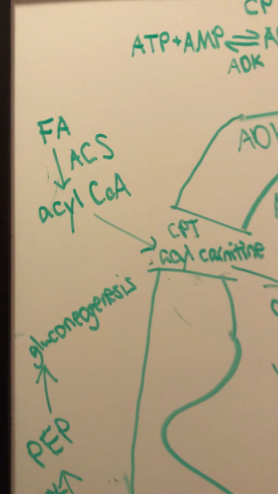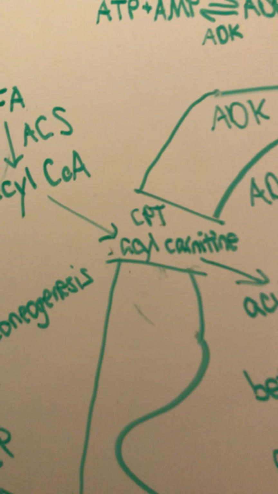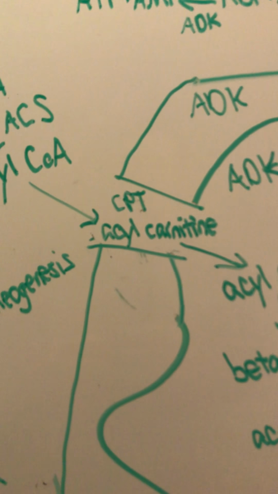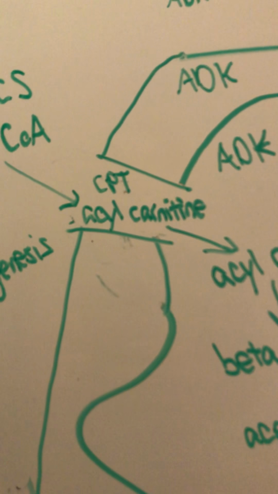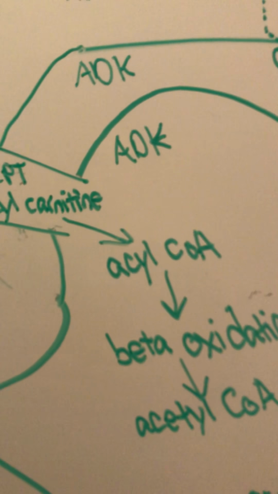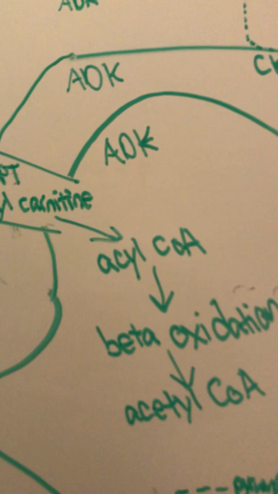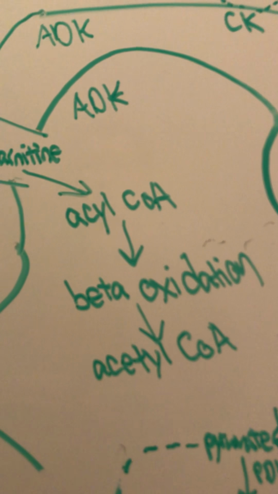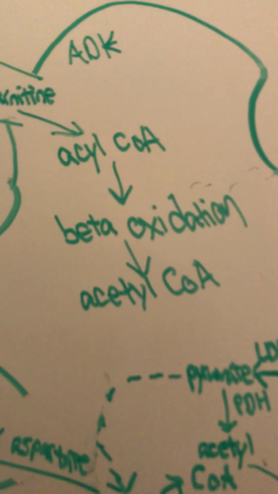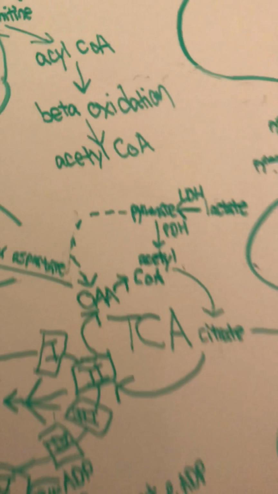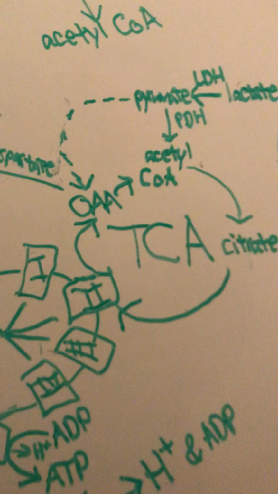Acyl-CoA via CPT in the intermembrane space can be converted to acyl-carnitine and then reconverted to acyl-CoA in order to enter the matrix of the mitochondria. In the matrix is where beta oxidation occurs, and that creates acetyl-CoAs that can enter the TCA cycle.